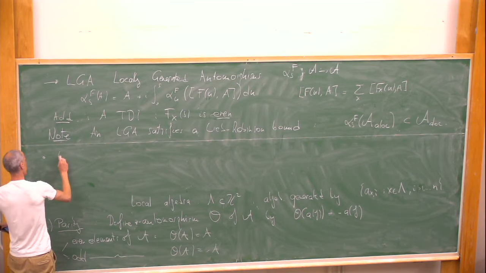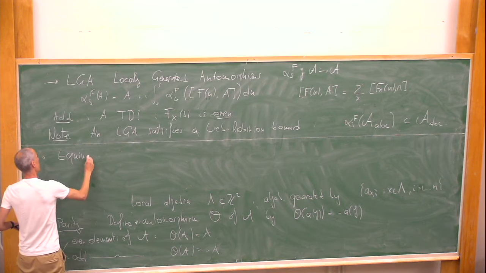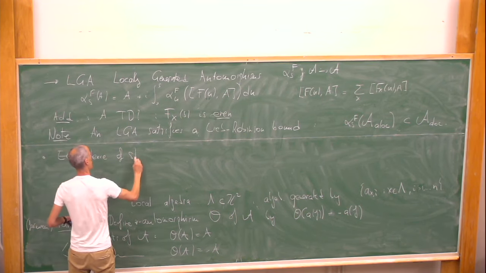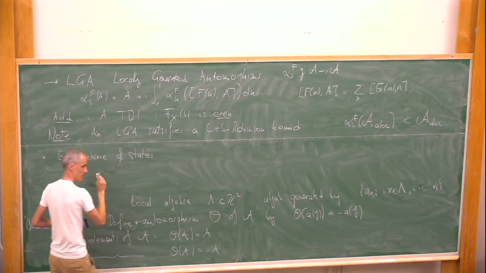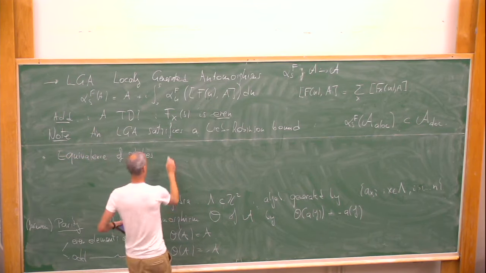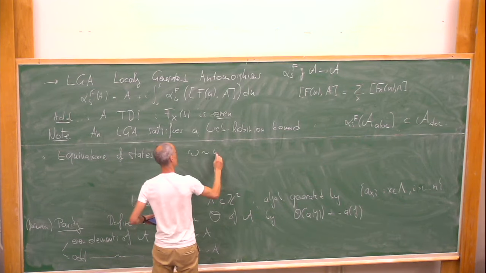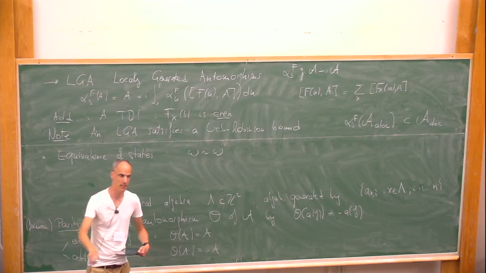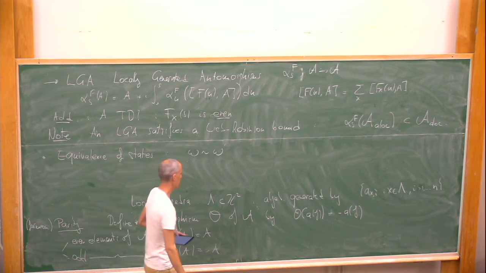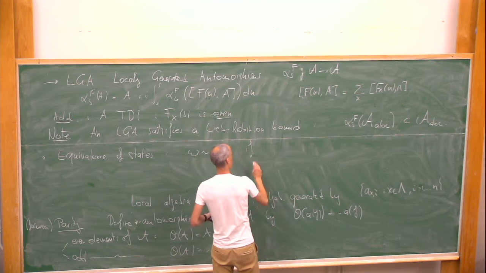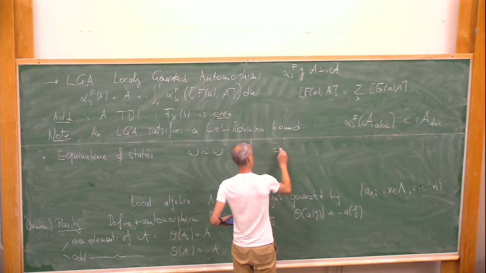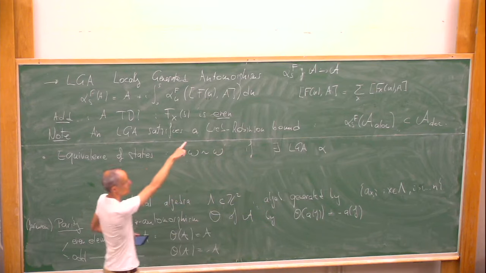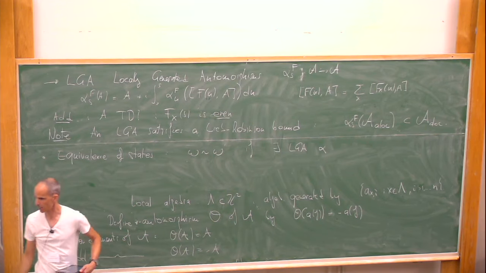Okay? So in order to do that, I will define an equivalence of states. Okay? So I will say that a state omega is equivalent to a state omega prime. So I have an algebra. For now, the algebra is fixed. I look at two different states over the algebra. If, well, there exists an LGA alpha, I will not always bother writing the corresponding TDIF, right?